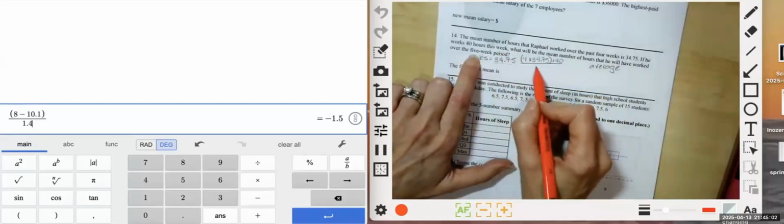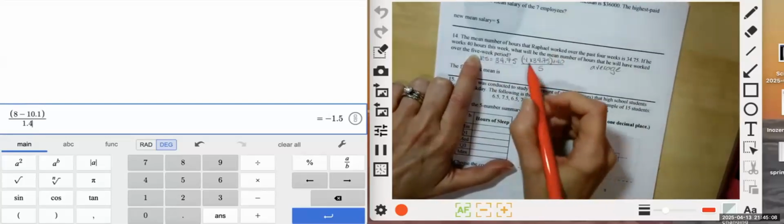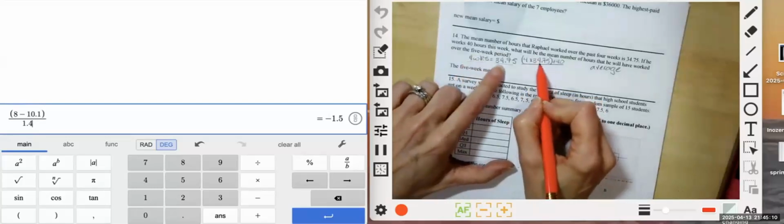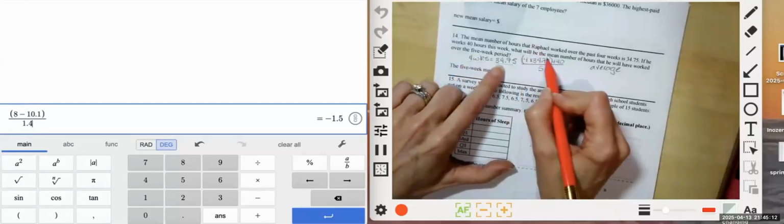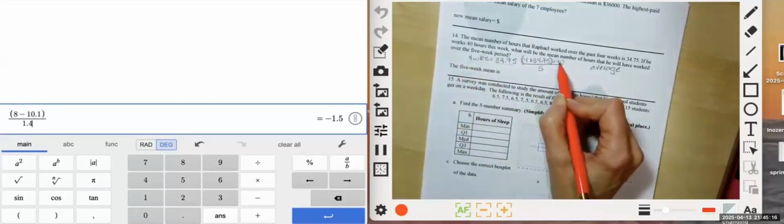So since this is for a 5-week period, we would divide this by 5. So 4 times 34.75, because 4 weeks it averaged that much, plus the 40 more for that additional week, and divide by that.